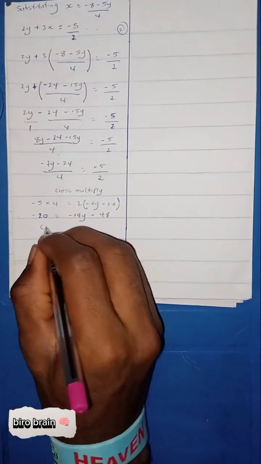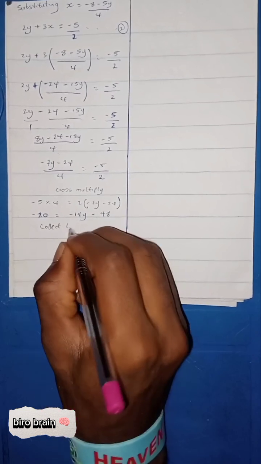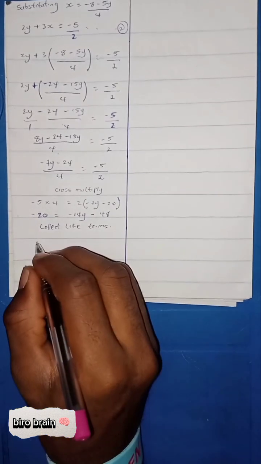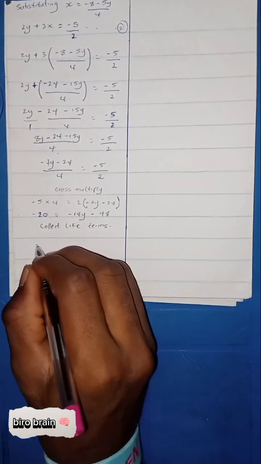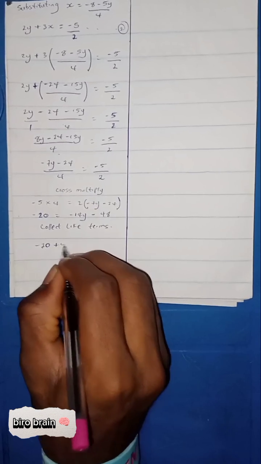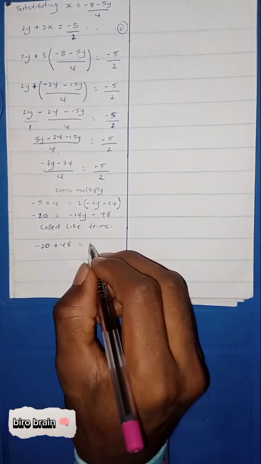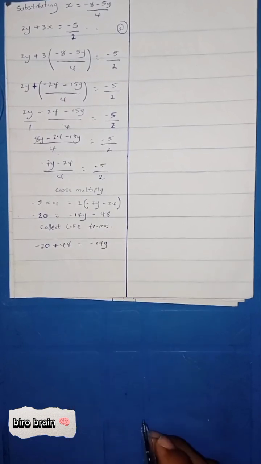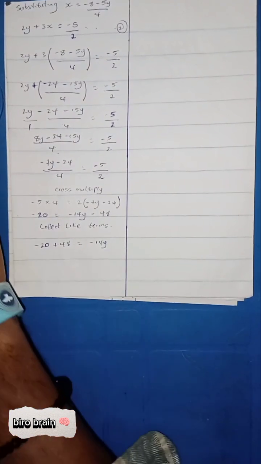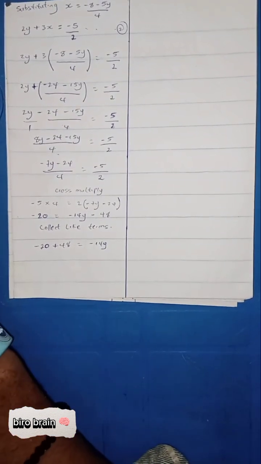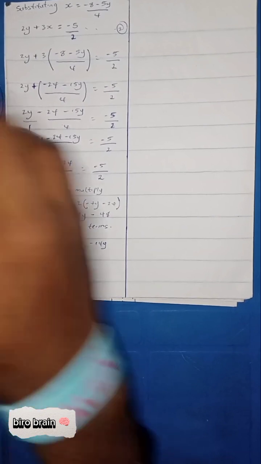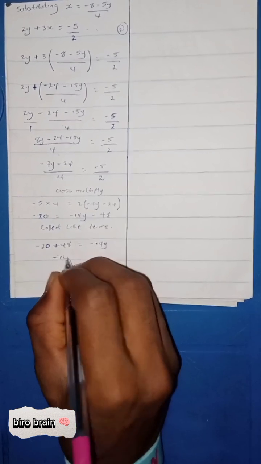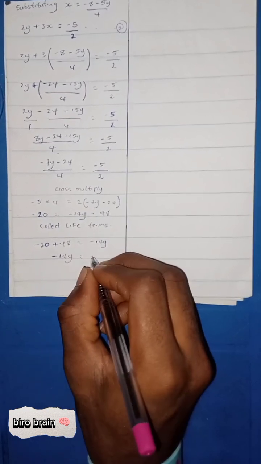We collect like terms. When you collect like terms, you have minus 20 plus 48 equals minus 14y. So minus 20 plus 48, that's 28. So we have minus 14y equals 28.